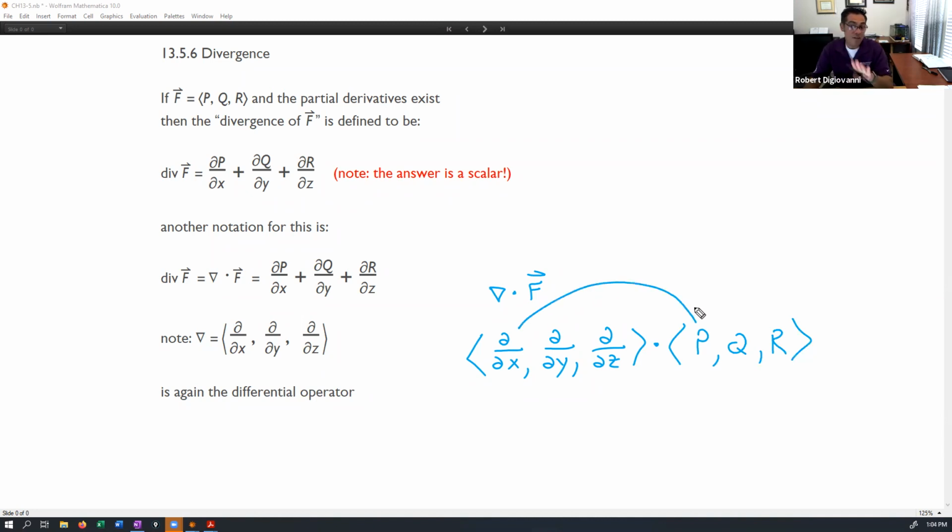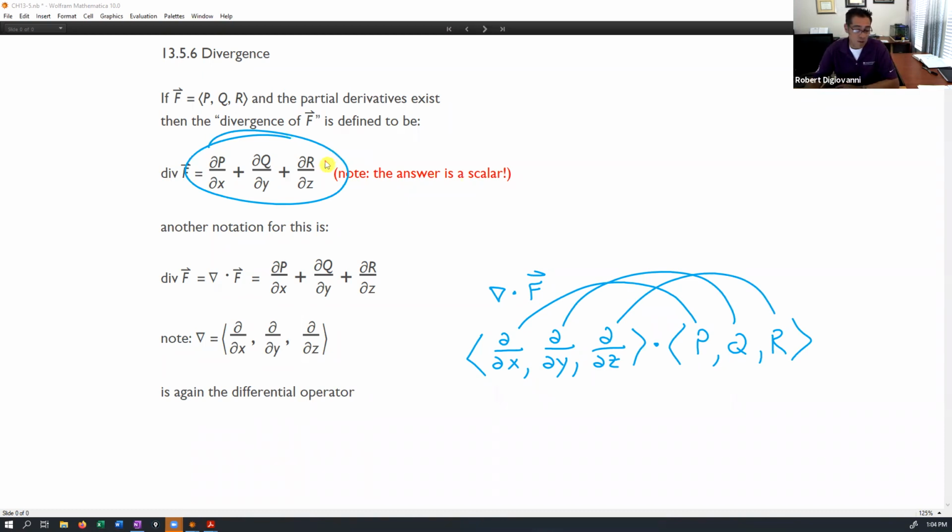Now it's not actually multiplication that we're doing here. We are taking the partial of P with respect to X. So it's not quite a dot product in the sense that we're not multiplying, but the notation makes sense. You do that, and that is what this is up here.